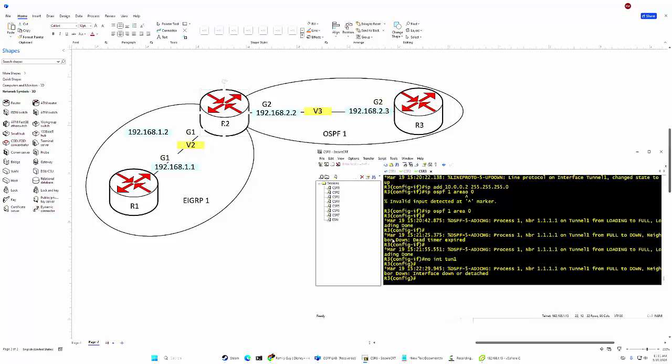Technically, having a floating route: if I had two ways to get to a route from router 1, let's say I'm going to create a static route, but I have two ways of getting there. If I put them in the routing table as a static route with the default method of IP route, IP address, subnet mask, and next hop, it's going to put both of those paths in the routing table.